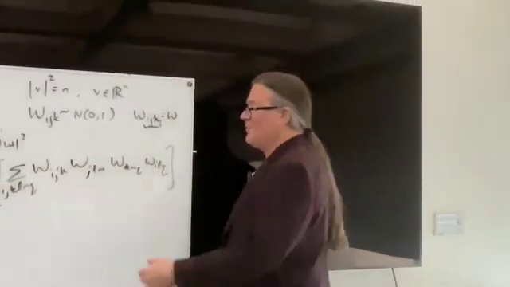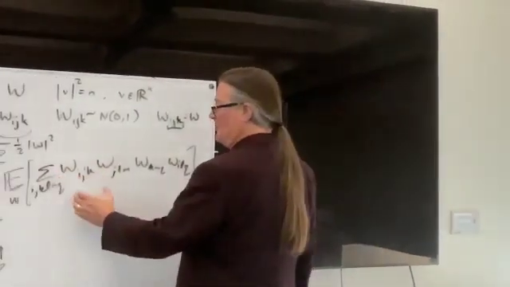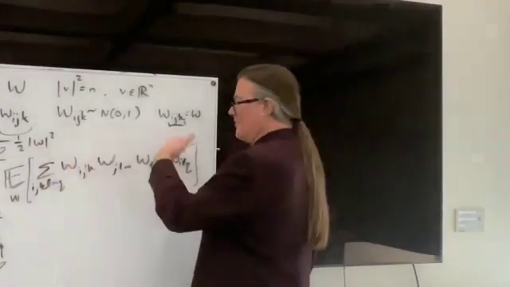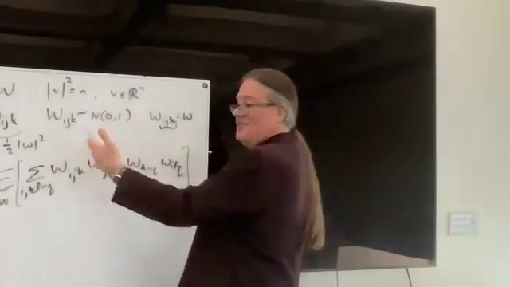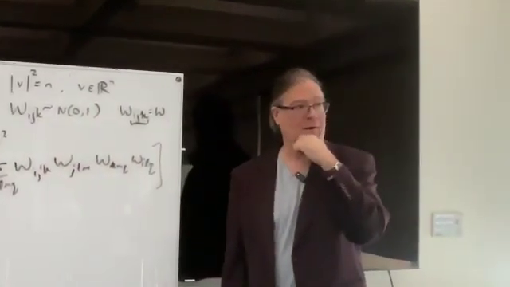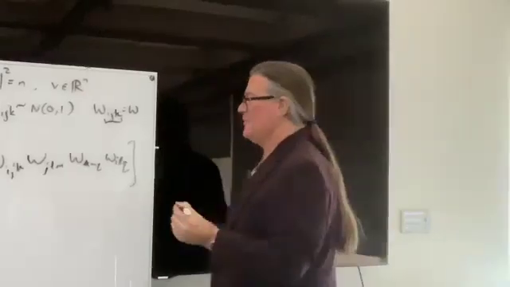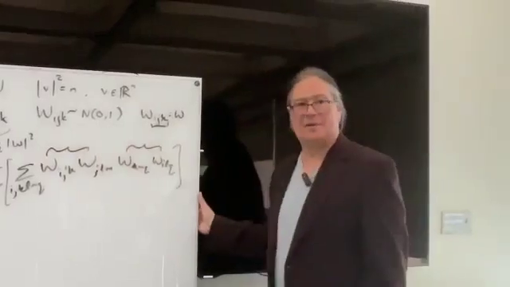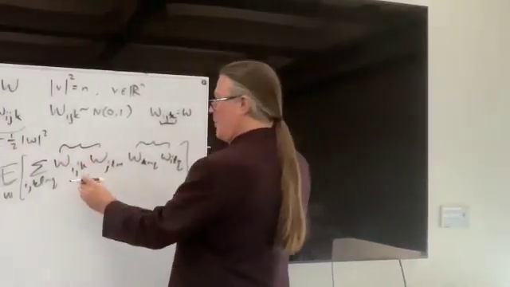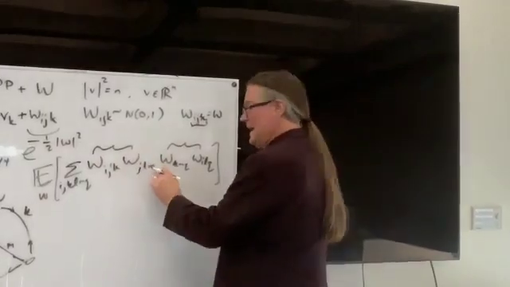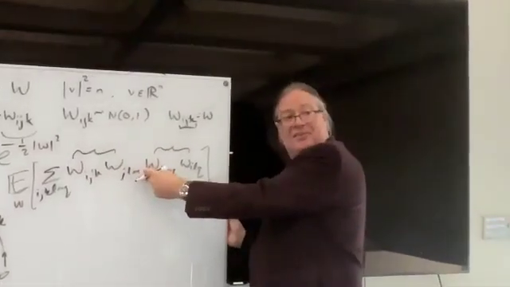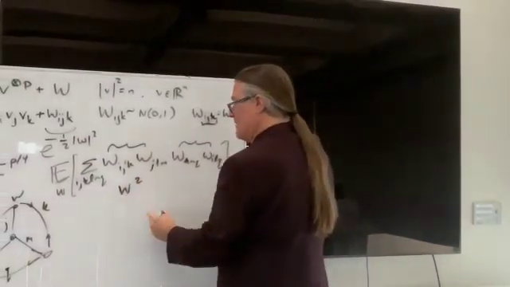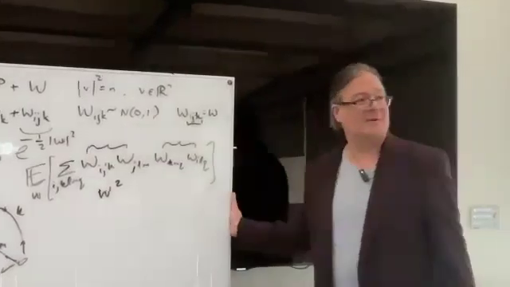Why? Well, suppose that these have nothing to do with each other except that they share a couple of things in common. If these are independent and they all have mean 0, the whole thing would be 0. In order to contribute, these things better be equal and come in pairs, for instance. So anything where ijk and jlm are the same triple of indices will contribute the average of the square of that, which is 1.